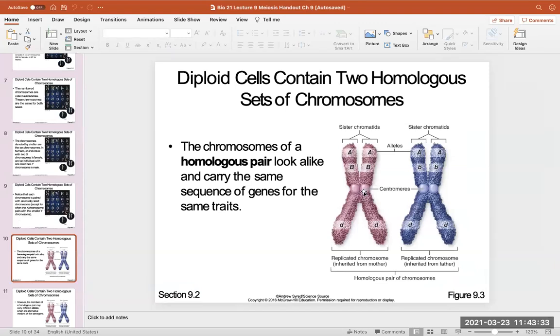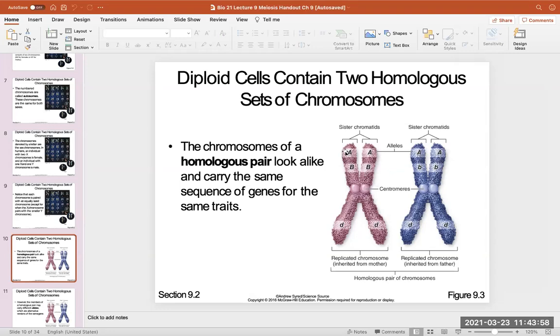Can you guys tell me the definition for allele? Different versions of genes. Yes, so different versions of a gene. Here you have one chromosome, and another homologous one here.